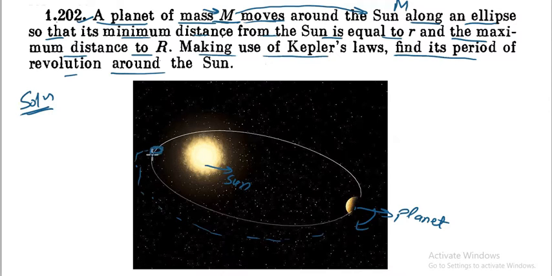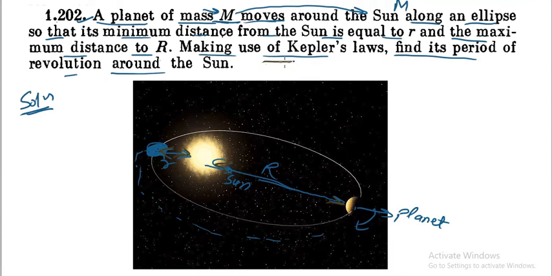When the planet is somewhere here, its distance from the sun will be the minimum, which is given as small r. And when the planet is here, its distance is maximum, which is given as capital R. So this distance is small r, and this distance is capital R.